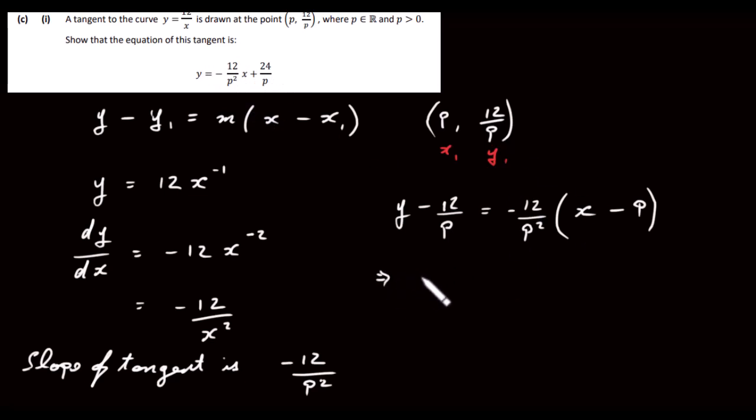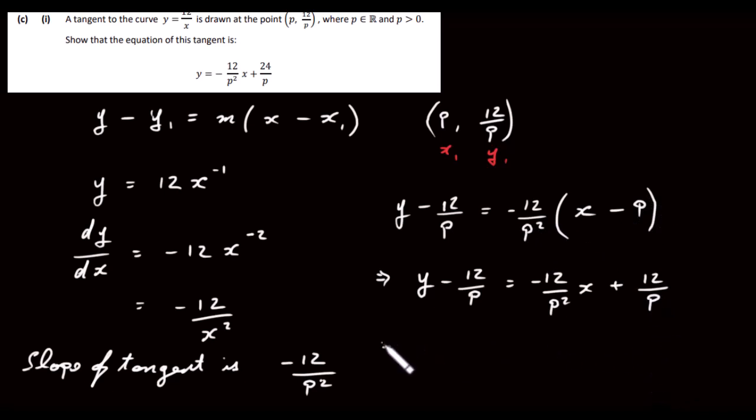So let's see, we've got y minus 12 over p is equal to minus 12 over p squared times x plus, minus minus is plus, let's see, we've got 12 over p. Because you've got a p squared on the bottom, you've got a p on the top, so that will cancel with one of these p's, so we're just left with p here.